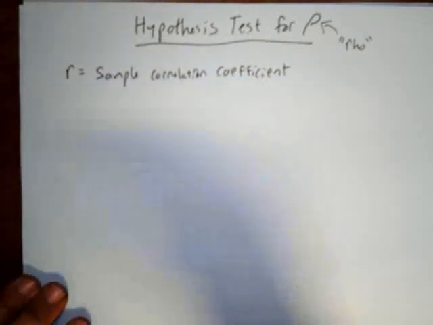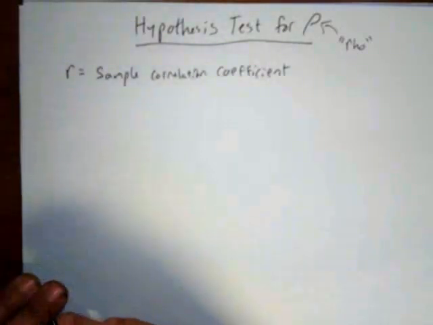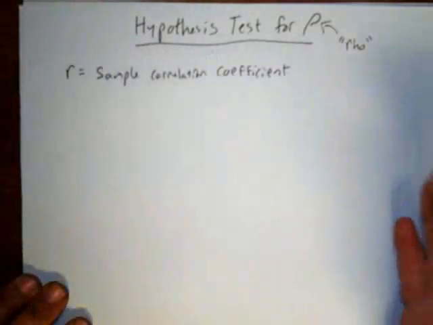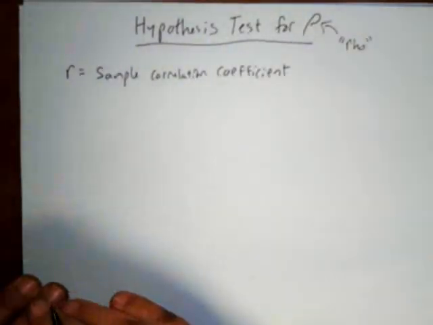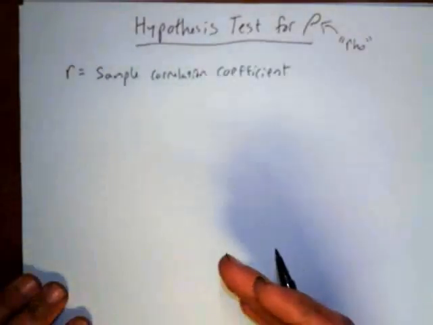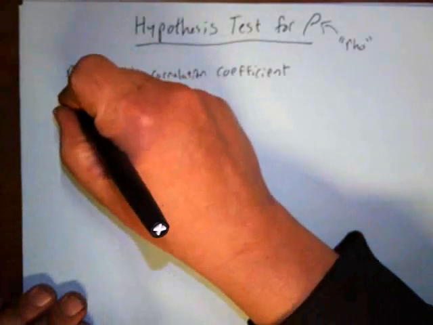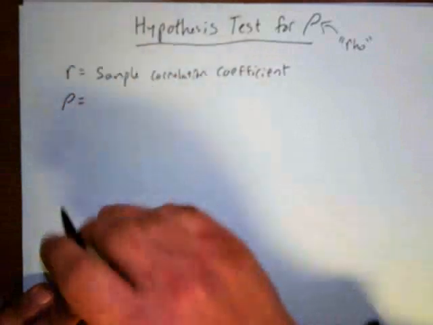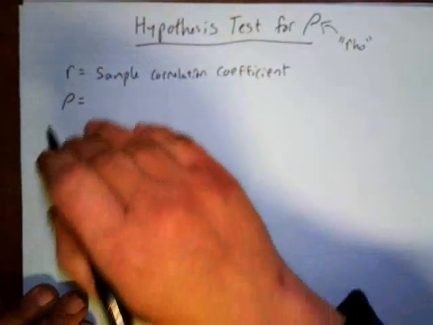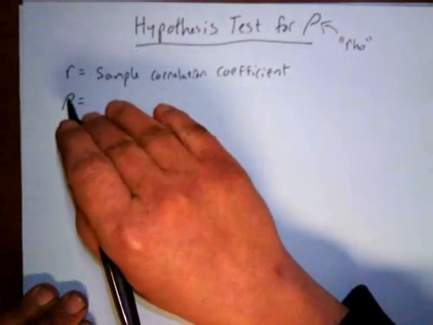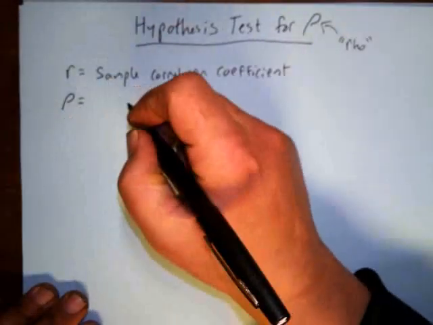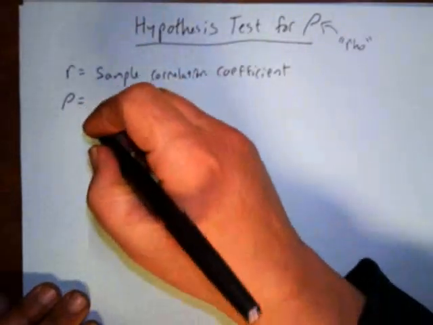But that sample is taken from a larger population, and if you actually did a census and gathered all the data for that population and calculated the correlation coefficient for the entire population, we would call that rho. It's a Greek letter. It looks like a P to me, but it's a lowercase r in the Greek alphabet.